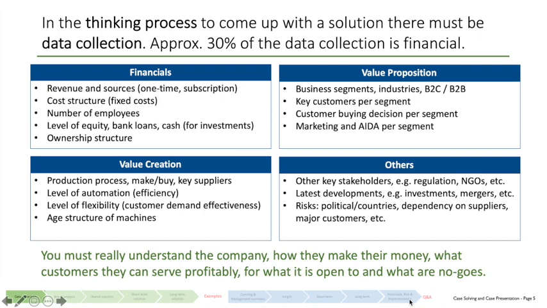The first area would be financials on the upper left side, and here are some recommendations what we might be looking at. Things like revenue, sources, cost, employees, equity, ownership, things like that. And of course that by itself doesn't provide much insight. Nevertheless, it will allow to tailor our solutions later.